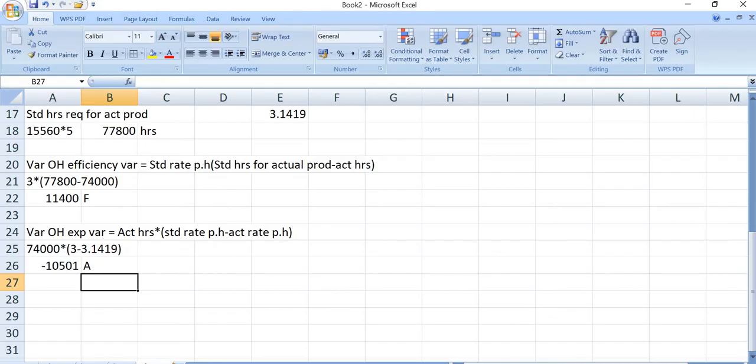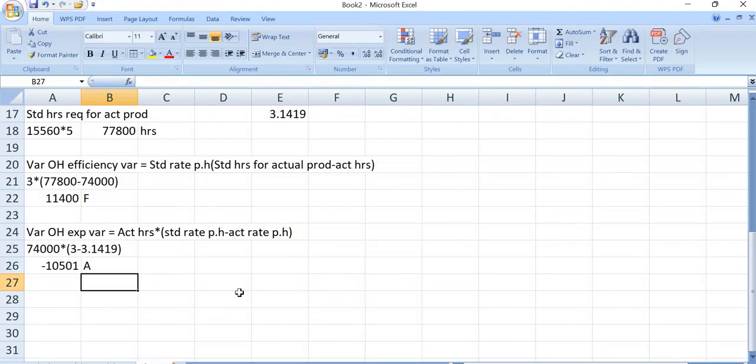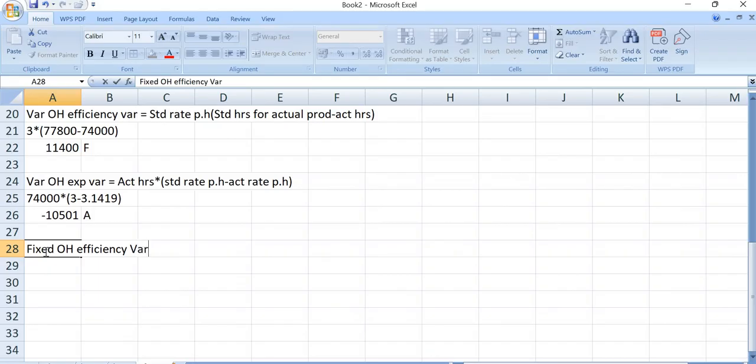So now I am going to calculate the next part. So we have calculated the second point, right? The fixed overhead efficiency and capacity variance. So now fixed overhead efficiency variance is equal to, here also formula remains same. Here we were considering variable rate, right? So here it is fixed.